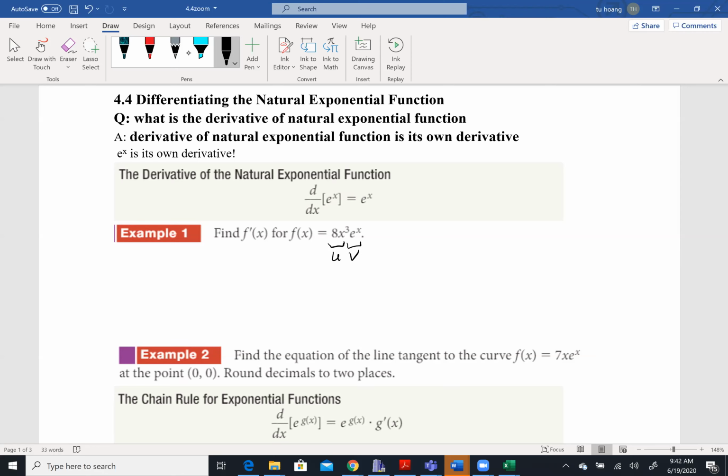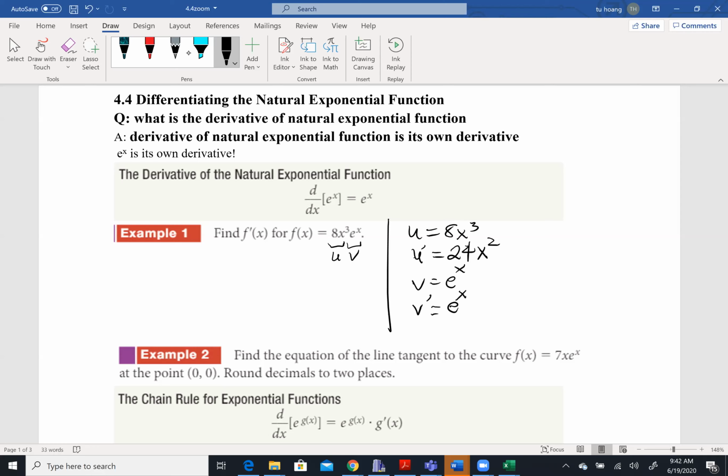I'm going to say u and v, and let u equal x cubed and v equal to e to the x. So u prime is 3x squared, x power 3 minus 1 equal to 2, and v prime will be the derivative of e^x, which is itself, e to the x.